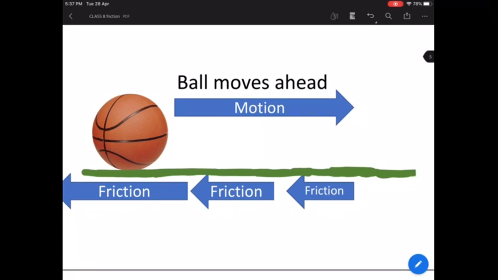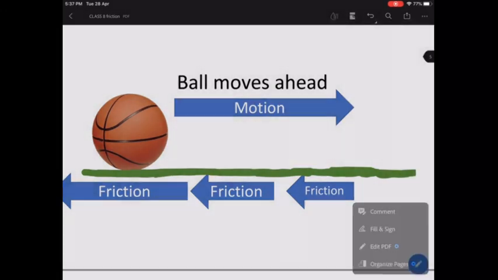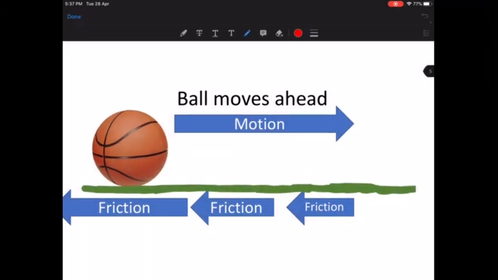For this force to be available, you need two objects to be in touch with each other. For example, in this case, the ball is in touch with the ground. Suppose when the boy was swinging, then in that case, the body of the boy was in touch with the air. So there it is the air resistance, it is the air friction. In this case, it is the ground friction. In the case of this ball, it is known as ground friction. So these words you may like to write down.